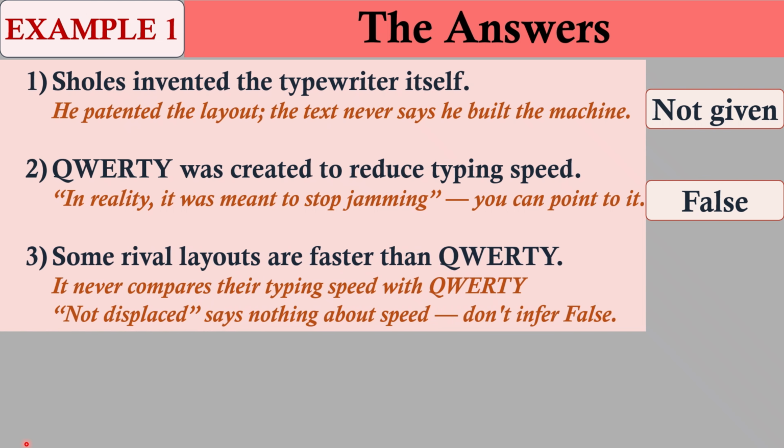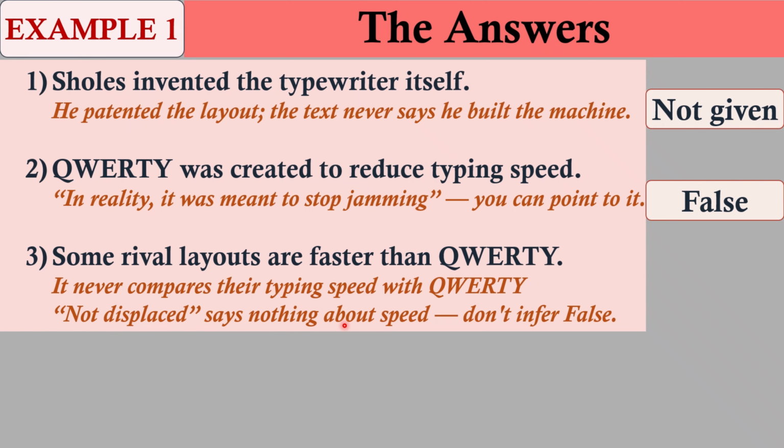Statement 3. Some rival layouts are faster to type on than QWERTY. The passage says rival layouts exist and are praised, but it never compares their typing speed with QWERTY. The moment you start thinking, if they were faster, they would have replaced QWERTY, you are no longer reading the passage. You are adding your own reasoning.